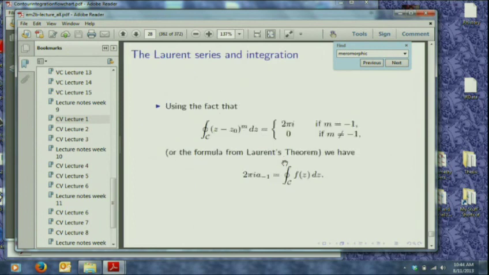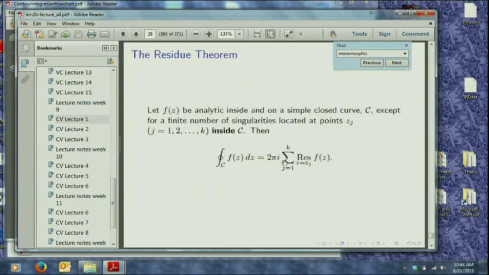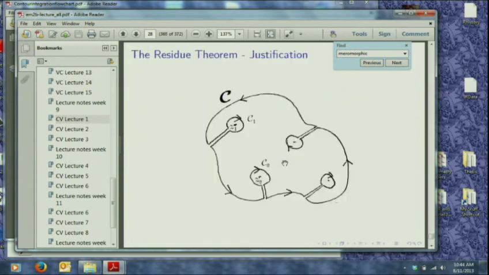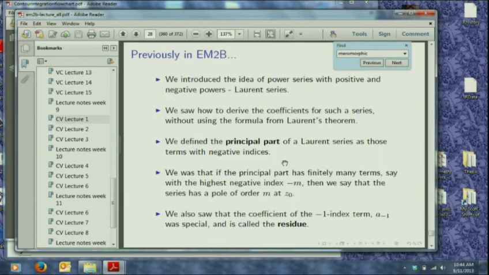Not really sure what you're supposed to do with that. Anyway, that's what meromorphic means. It means that it doesn't have any essential singularities, meaning ones where the Laurent series goes on forever, where the negative bit goes on forever. So there you go.